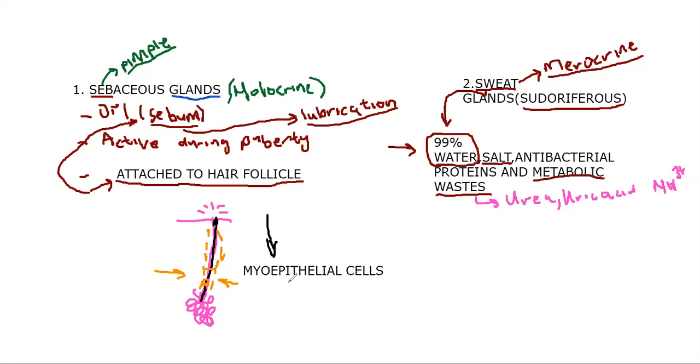And what tells these myoepithelial cells to contract and what tells them to relax is the changing temperature. When it's hot, they contract, because when it's hot, you sweat, right? When it's cold, they relax, because you can't sweat when it's cold.